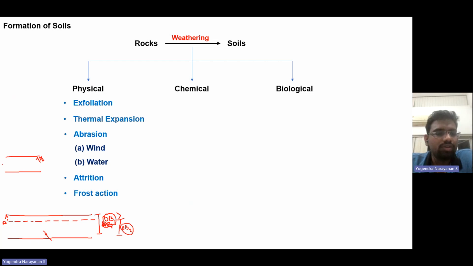So for example, if we consider up to a depth d, there is an influence of heat.